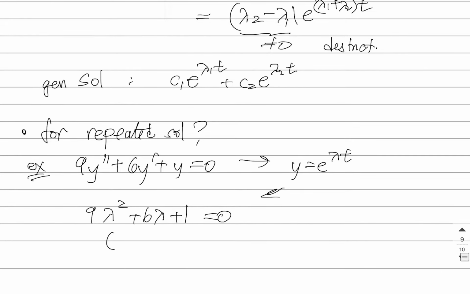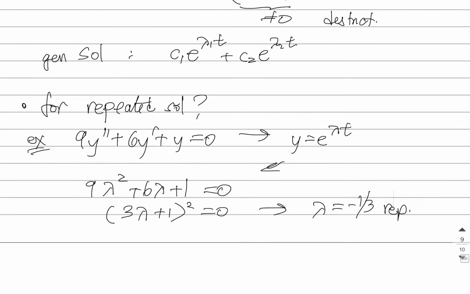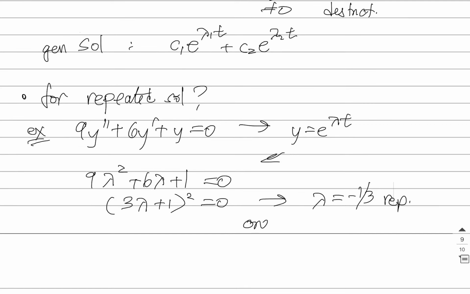Now you hopefully will be able to factor this, and you'll get (3λ + 1)². And this is going to tell you that you've got λ = -1/3 as a repeated root. So I know that one solution will certainly be e^(-t/3).